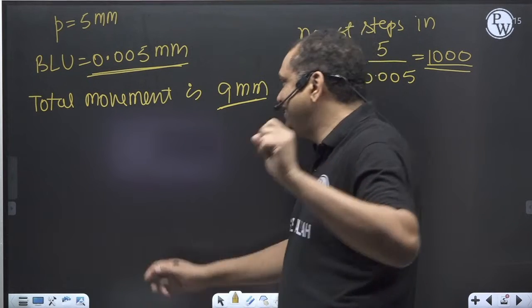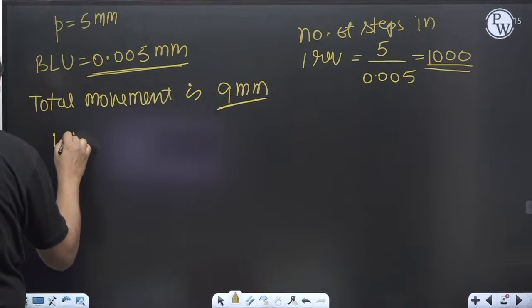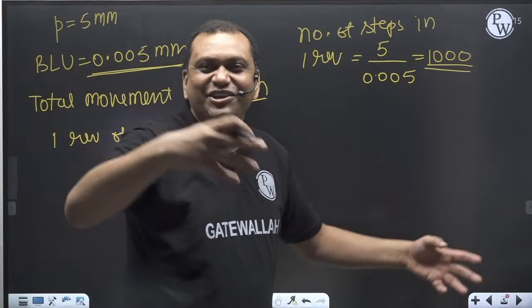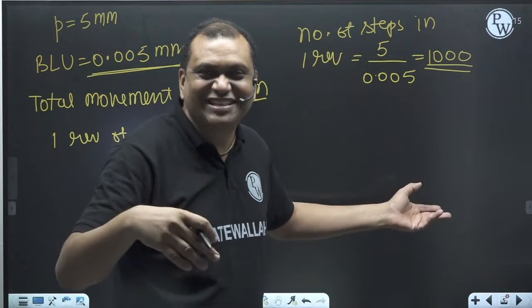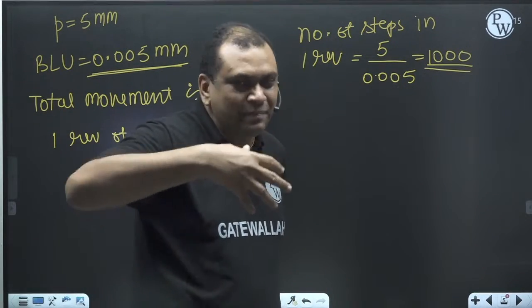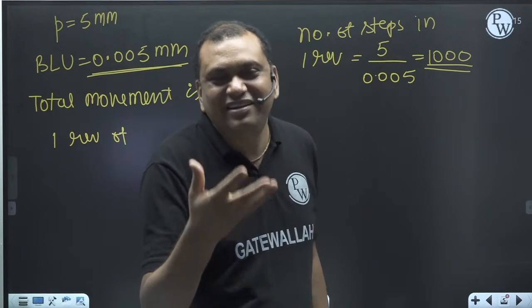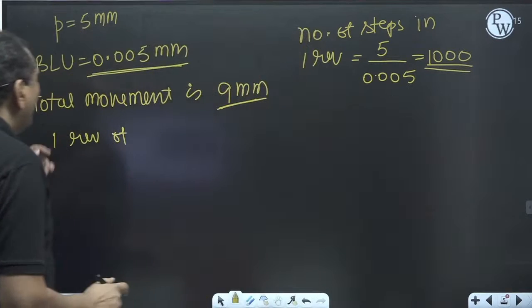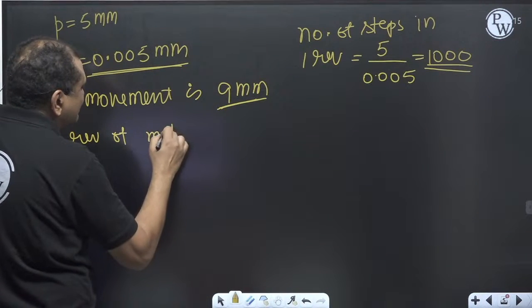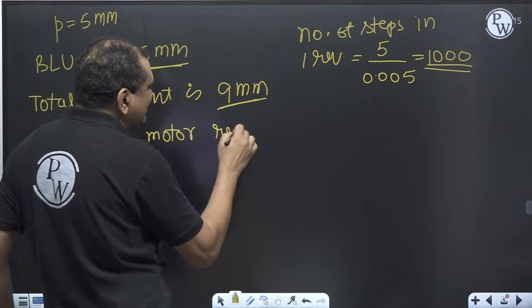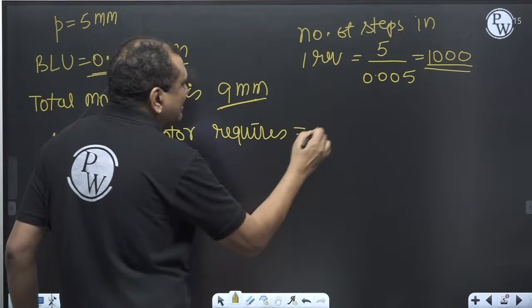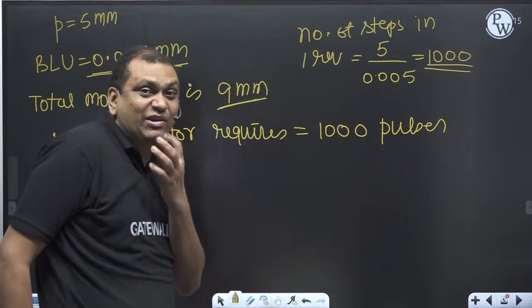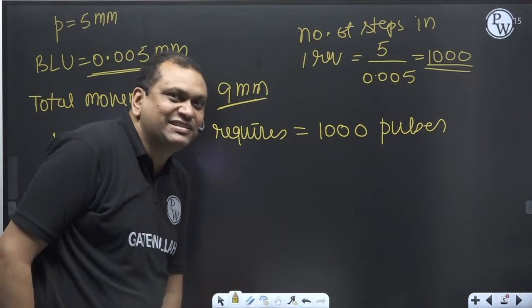Some of you are champions, you have done it without all this calculation. I am doing this calculation because I am teaching my average students also, so that they can learn everything. One revolution of the motor requires 1000 pulses.